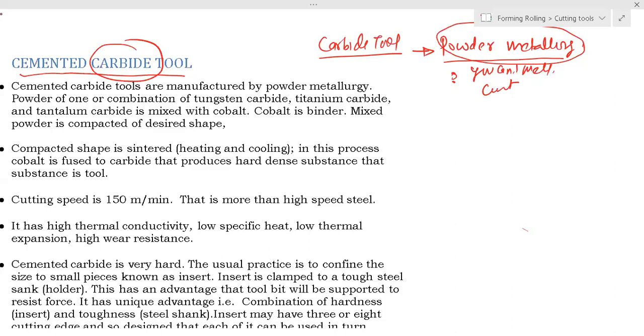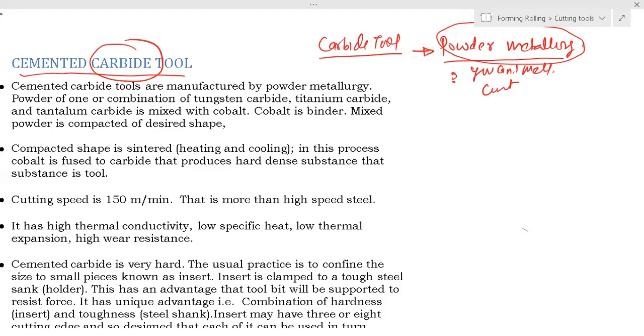We did not melt the metal or apply force to change its shape; we just applied force so the powders adhere. Internal bonding happens only when it is heated. That we call the sintering process.